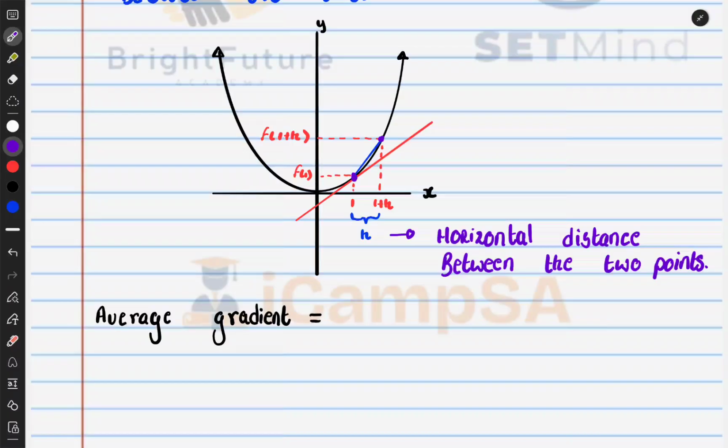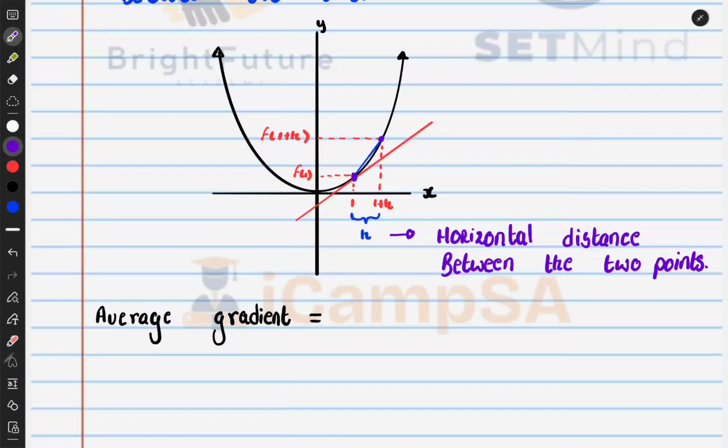I said the first step is to find another point on the curve that is closest to the point where we want to find the gradient of the curve, or the gradient of the tangent, if I may say. Okay, so we have that point where x is equal to 1, and we have the second point where x is now equal to 1 plus h.